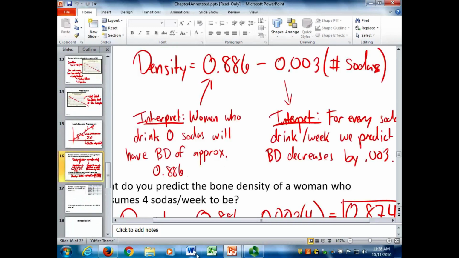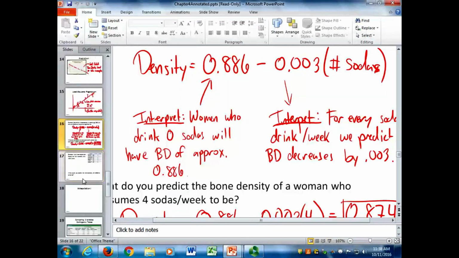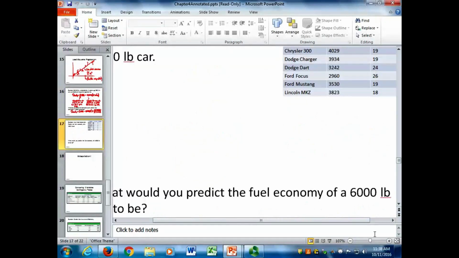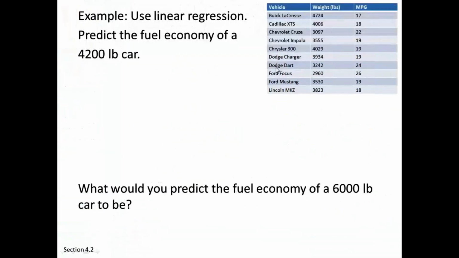All right. I do want to finish off the example I was showing you. We kind of went through the regression stuff, but there was this example. We were looking at the fuel economies of cars, right?